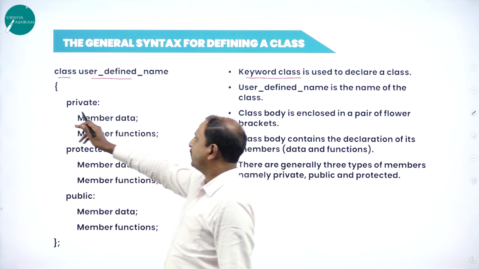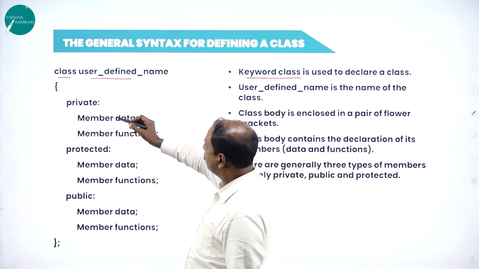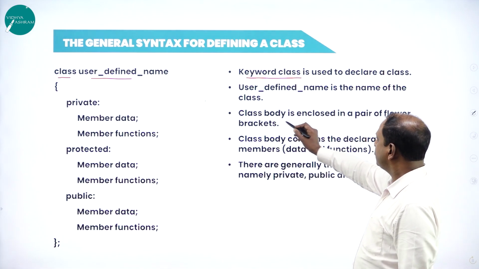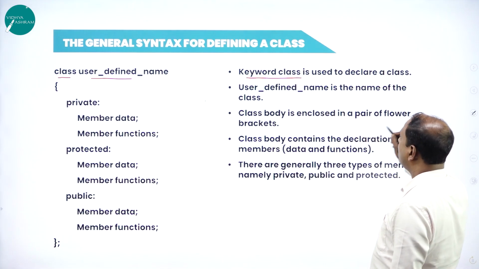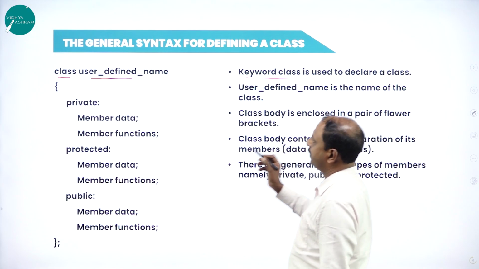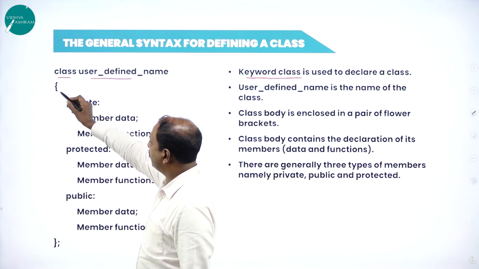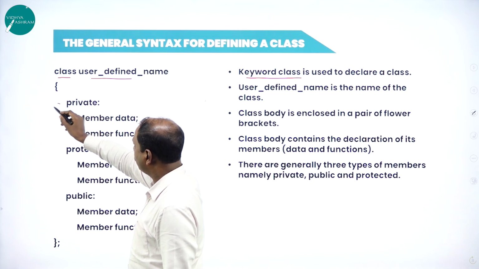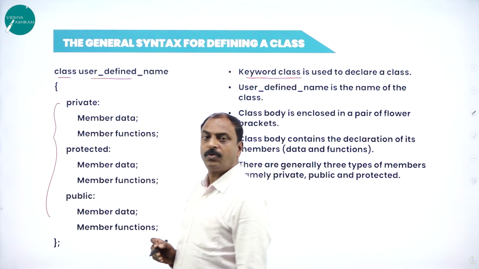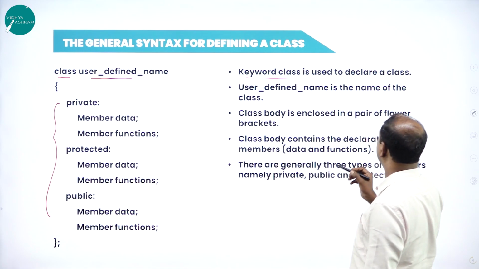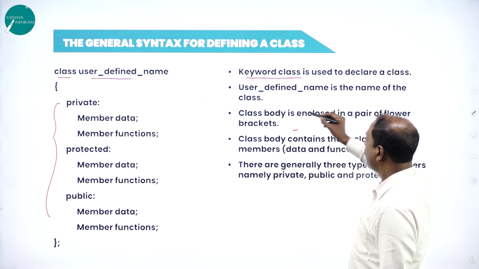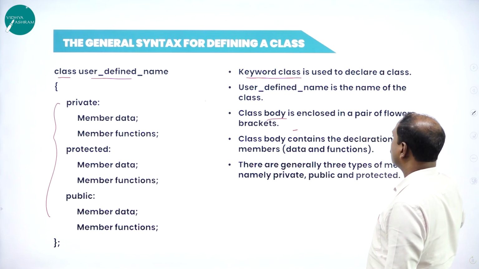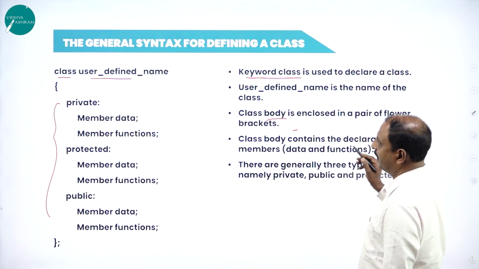Then the class starts with an open bracket, and next is private. The class body is enclosed in a pair of flower brackets or parentheses. From this opening bracket to the closing bracket, everything inside is called the body of a class. The class body contains the declaration of its members, data and functions.